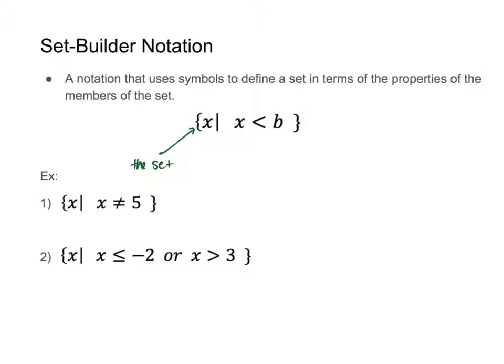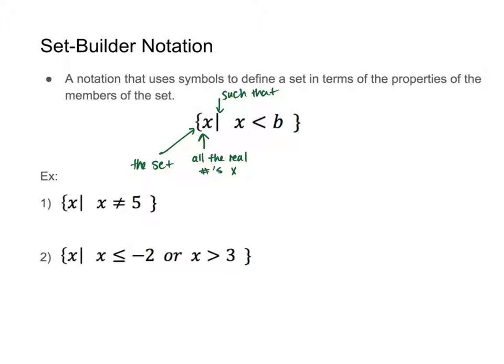That's what we learned in our vocabulary. x is going to represent all the real numbers for x, or all real numbers x. This vertical line actually means something. It means such that. So right now, it's saying the set of all real numbers x such that.